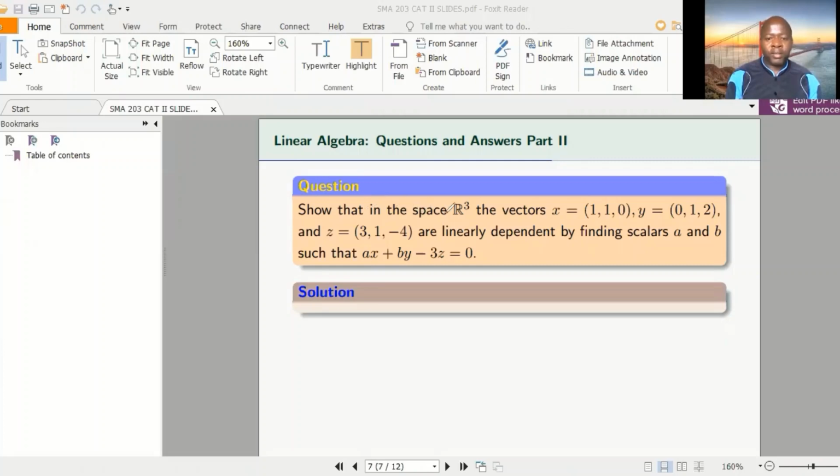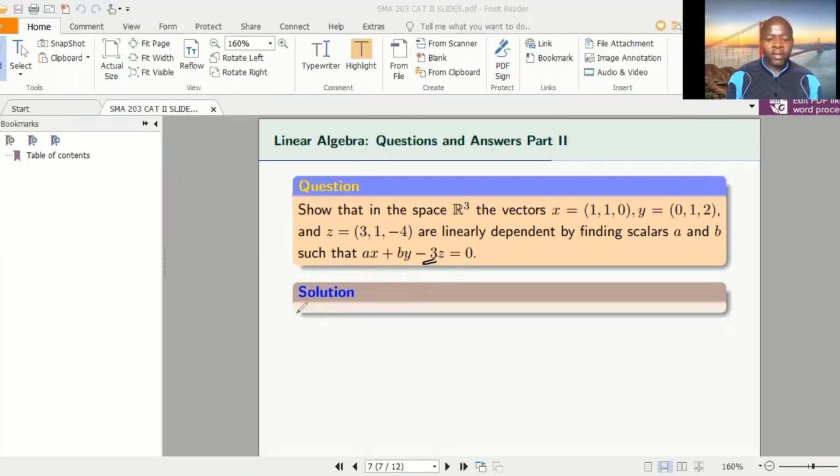Show that in the space R3, the vectors x, y, and z are linearly dependent by finding the scalars a and b such that this linear combination is true. Now, we've already been given the other concept here, the definition of linear dependence.